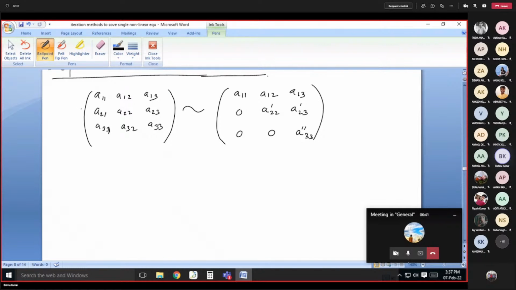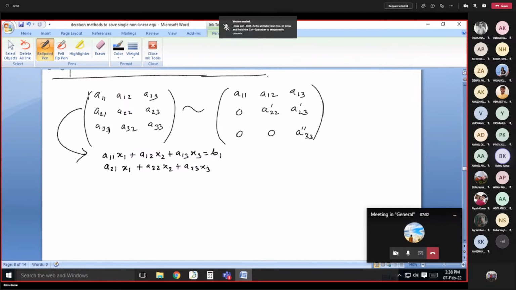Suppose a system, corresponding system I am trying to write: A11 x1, A12 x2, A13 x3 equals B1, right hand side; A21 x1, A22 x2, A23 x3 equals B2; A31 x1, A32 x2, A33 x3 equals B3.